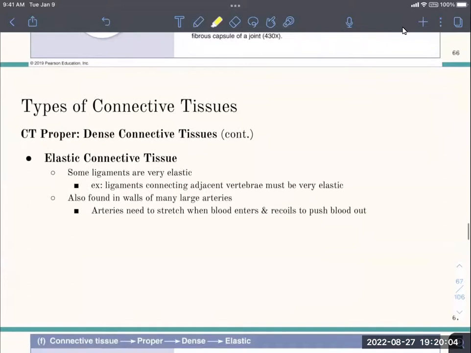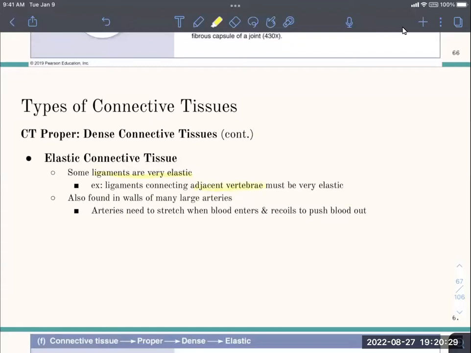Elastic connective tissue. This one is very easy to decipher from the others, because as we saw before, those elastic fibers are very dark. They're black little fibers. They're usually found in places where ligaments need to be very stretchy.